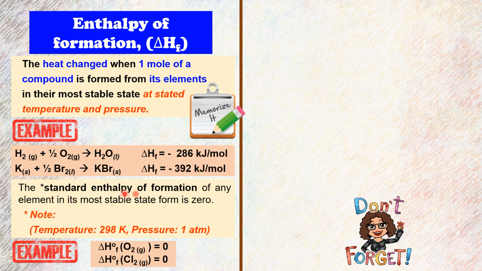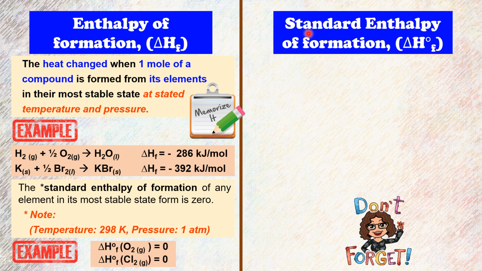The standard enthalpy of formation of any element in its most stable state form is 0. You have to refer to that standard enthalpy of formation, and the condition should be temperature 298 Kelvin and pressure 1 atm. For example, the standard enthalpy of formation for oxygen gas is equal to 0, and the standard enthalpy of formation of chlorine gas is also 0. So what is the meaning of the standard enthalpy of formation, delta H naught f?